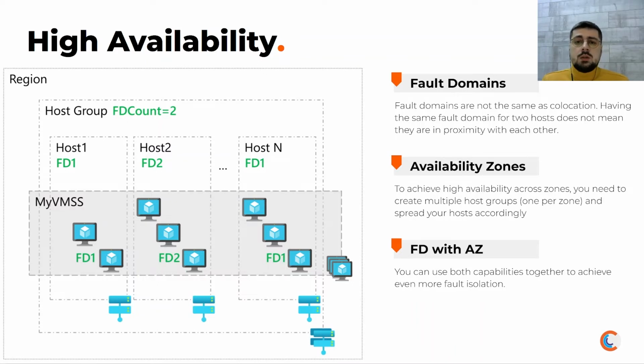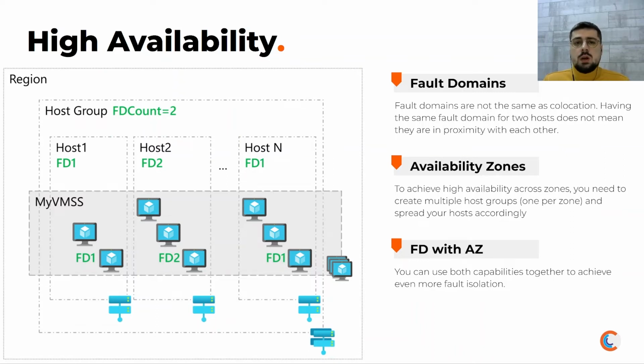With Azure Dedicated Host, you have several options to shape your infrastructure and your fault isolation boundaries. You can use availability zones for fault isolation. Availability zones provide a unique physical location for your resources within the Azure region.